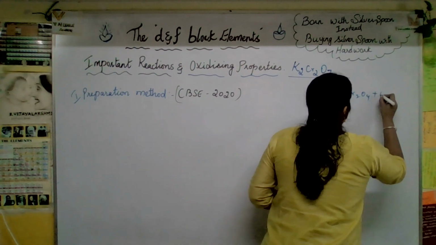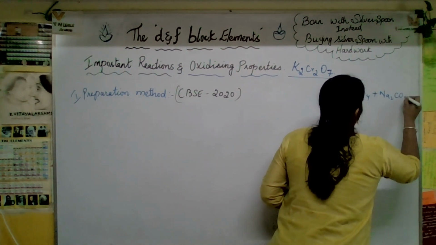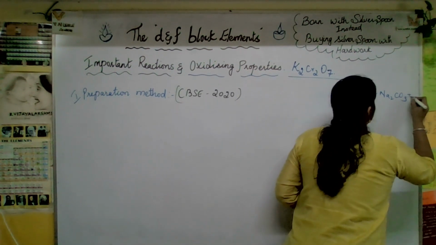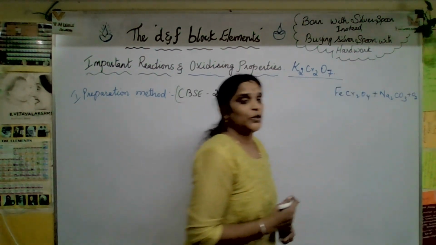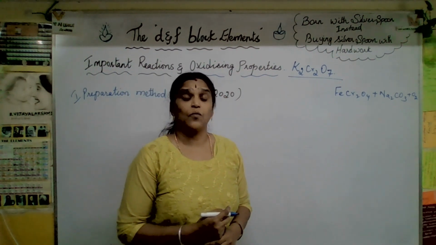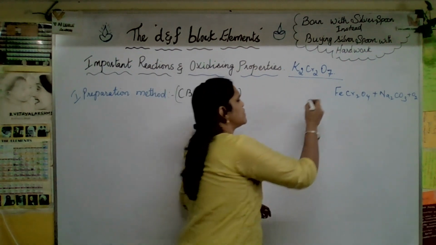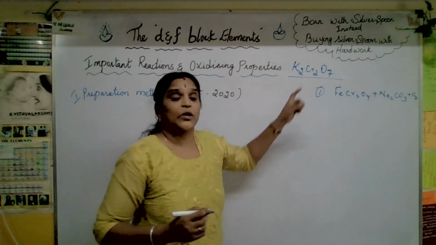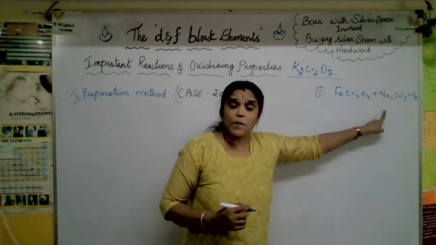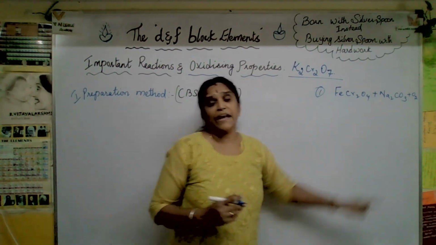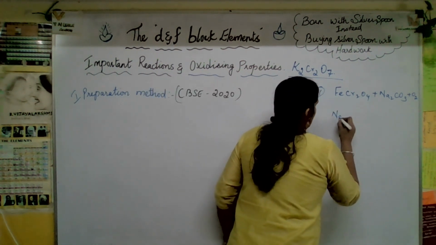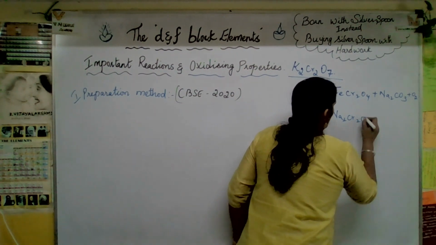Combined with sodium carbonate or potassium carbonate with excess of air, you will get sodium chromate. So this is the first step. From the chromite ore, we combine with sodium carbonate with excess of air, and you will get sodium chromate, that is Na2CrO4.